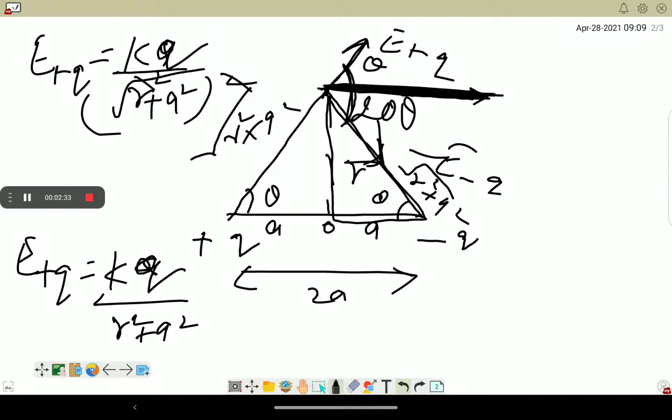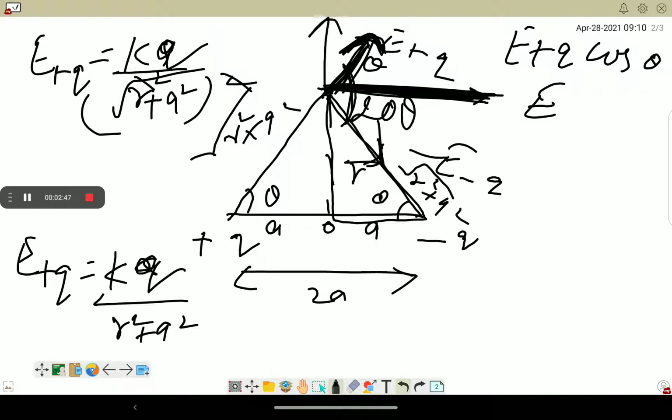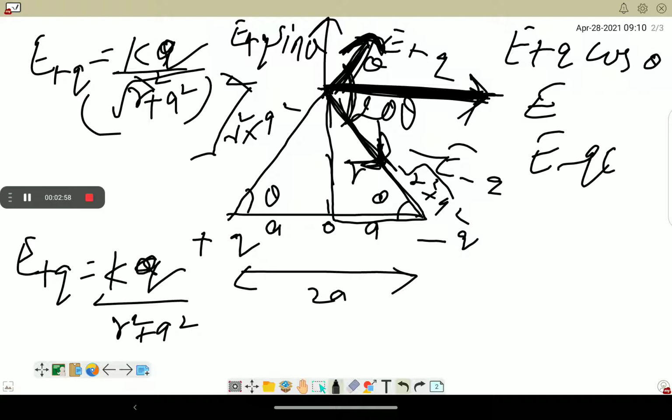If you resolve E plus q, along the axis it is E plus q cos theta, and perpendicularly E plus q sin theta. What about minus q? For minus q, one component along the axis is E minus q cos theta, and perpendicularly E minus q sin theta.